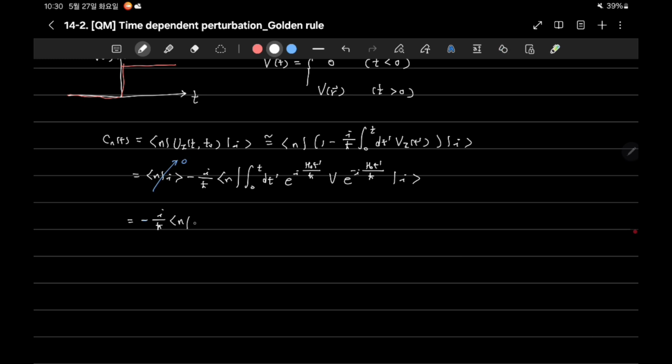The energy eigenvalue is independent of the integration, so we integrate from 0 to t dt' the exponential of i (epsilon_n minus epsilon_I) over h bar t', because here H0 becomes epsilon_I and epsilon_n.